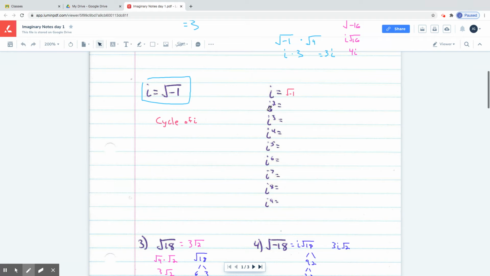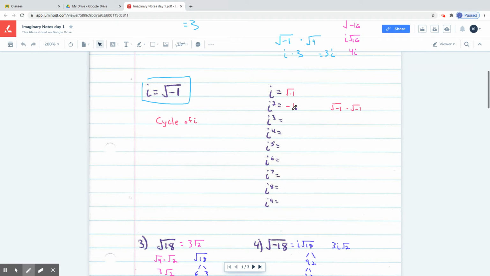So if I did I squared, what would I squared be equal to? Well, I squared would be the square root of negative 1 times the square root of negative 1, right? Which anytime you have a radical multiplied by itself, it just gives you what's on the inside. So I squared, which is very important to know, is equal to negative 1.